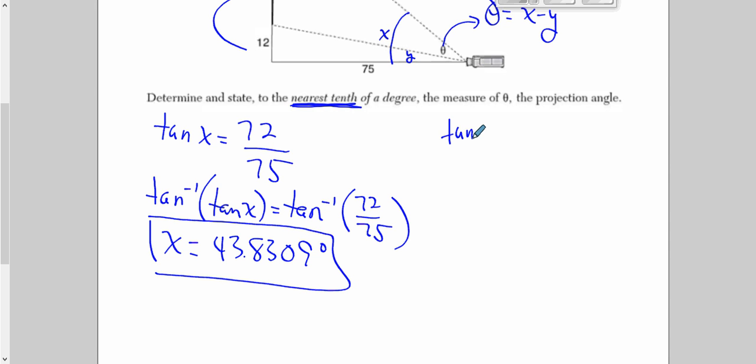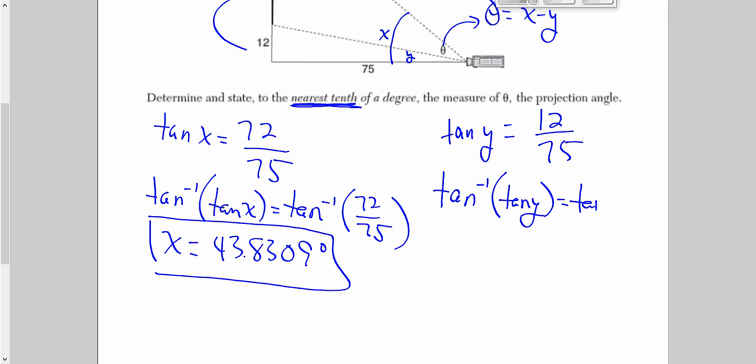So tangent of angle Y equals 12 over 75. We'll do the inverse tangent of both sides. So that gives us Y is about 9.0903 degrees.